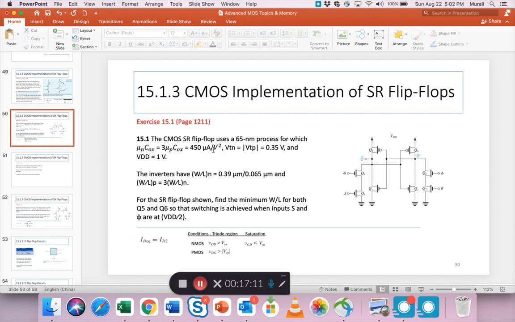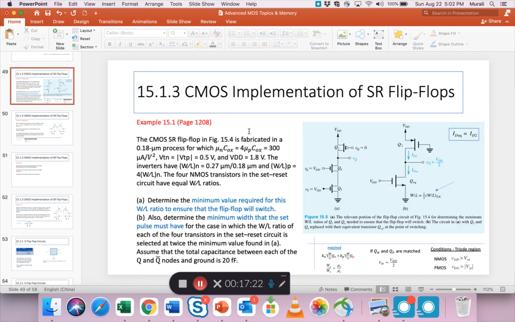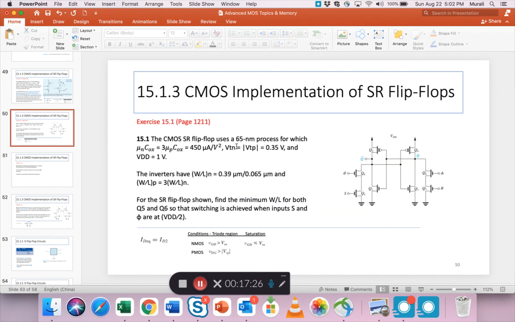So the values, the parameters for the inverters have changed. Previously there were 18 micrometer process. This is a 65 nanometer process, so it's a much smaller width or length of the substrate, so it's a bit of a more advanced CMOS. But the logic is still the same.